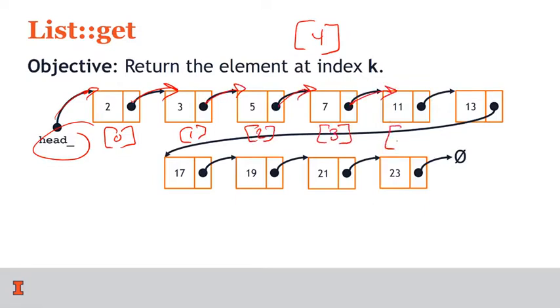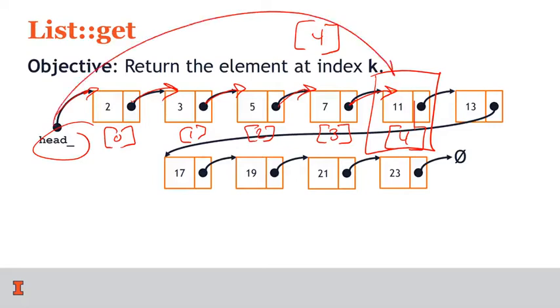Only once we've reached index 4 can we go ahead and return that value. Notice that we have to go through every single node in between. There's no arrow that directs us directly to index 4. This doesn't exist. We have to follow the path of next pointers.